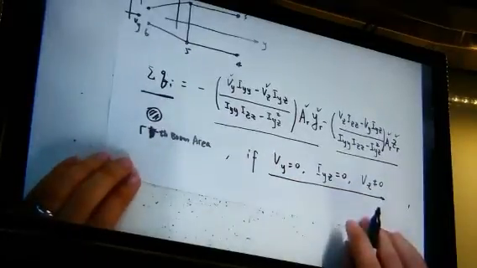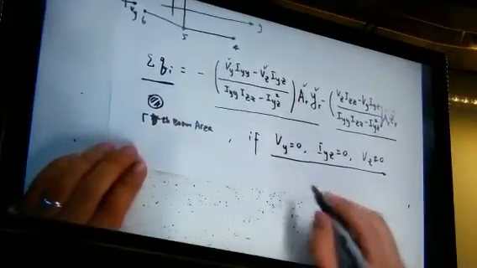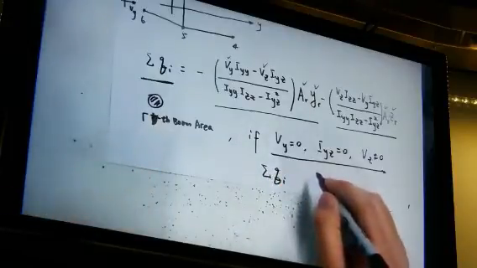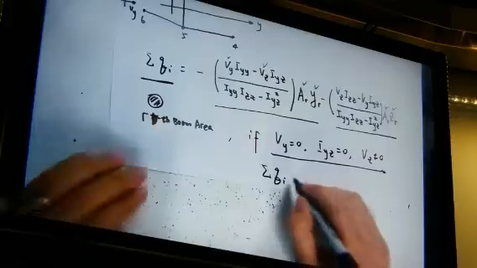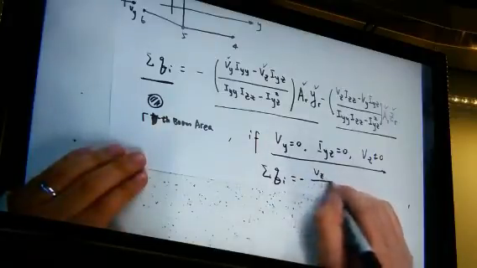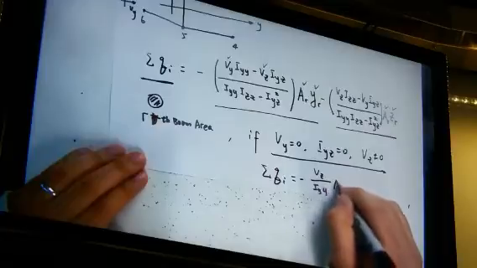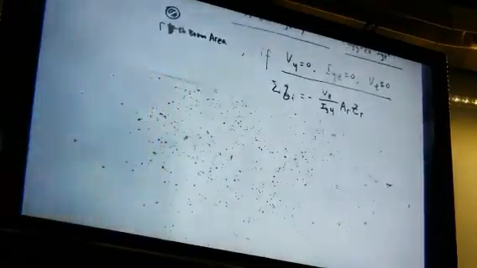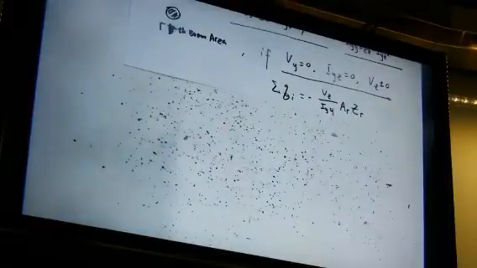This means the cross-section is symmetric, and the equation can be reduced to Vz over Iyy times AR ZR. This is the reduced equation for the symmetric cross-section.